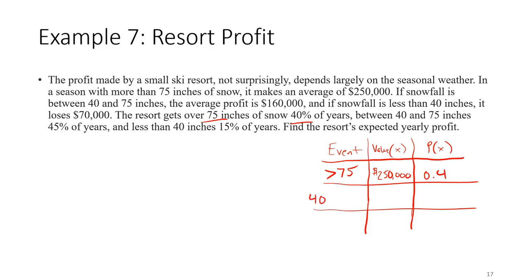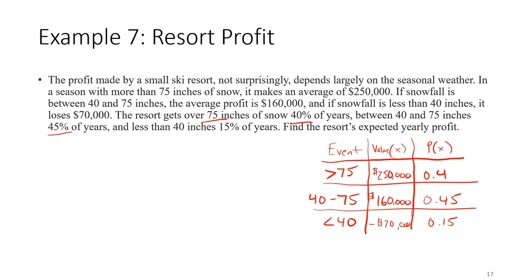Between 40 and 75, then the profit is going to be $160,000, and this happens 45% of the time. And then finally, less than 40, the resort loses $70,000, and this happens 15% of the time, or 0.15.